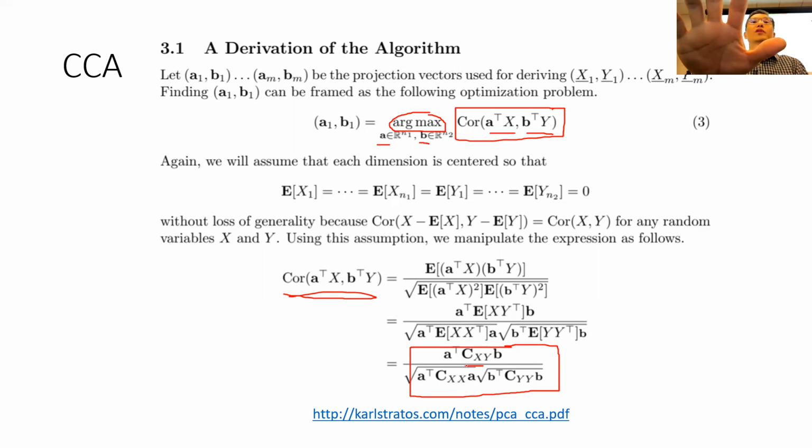Once you have this formula, if you want to do this as an optimization problem, this will be just the cost function. So you want to maximize this, which means you want to minimize the negative of this, right?